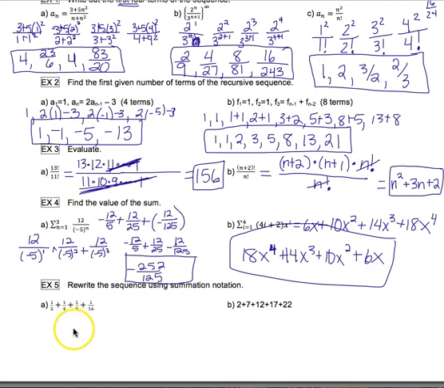Okay. Example 5. These ones are the more difficult ones because it requires us to actually notice patterns and think through some things. So when I look at this and I want to write it using summation notation, which means that I'm going to need a sigma sign, I'm going to need a lower limit.